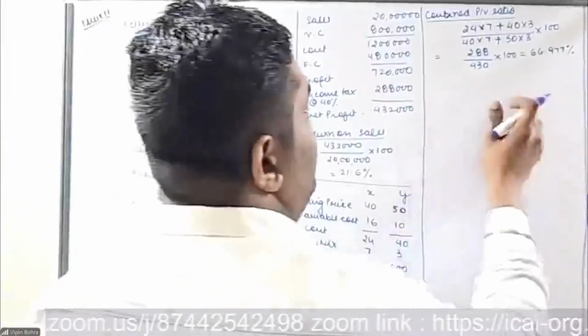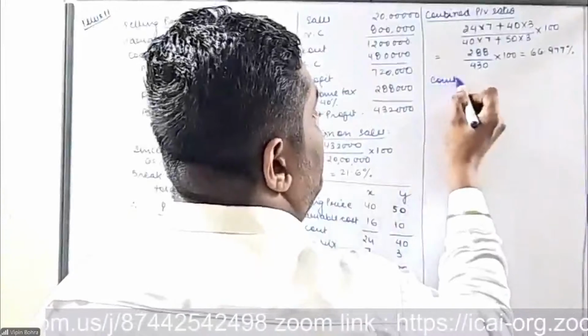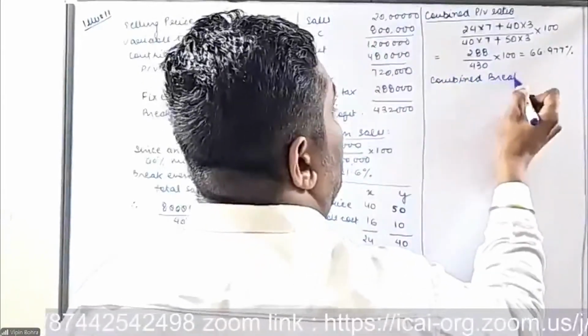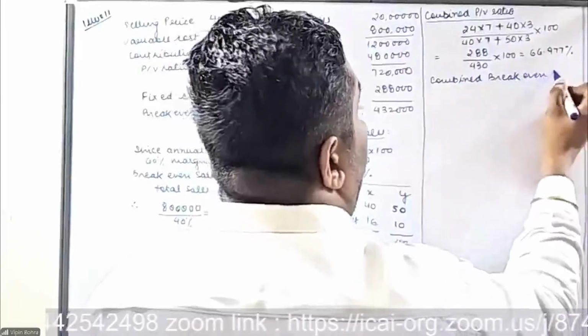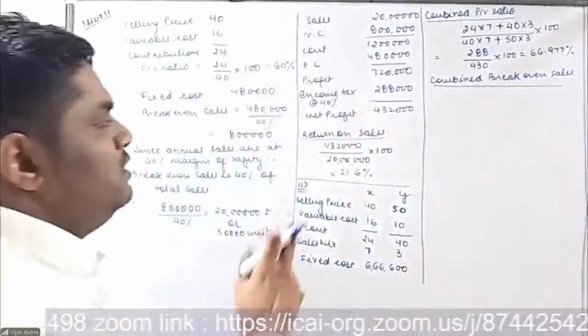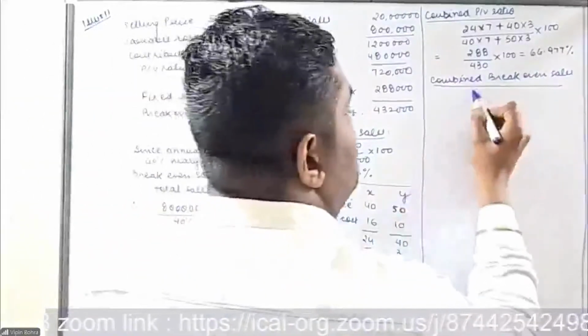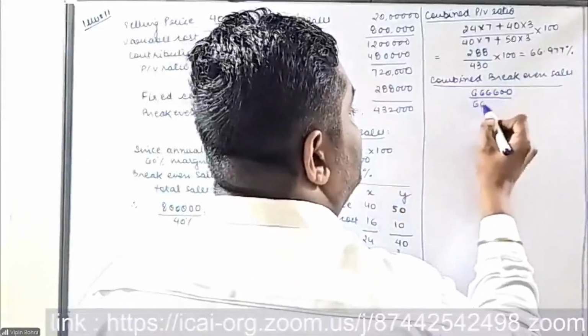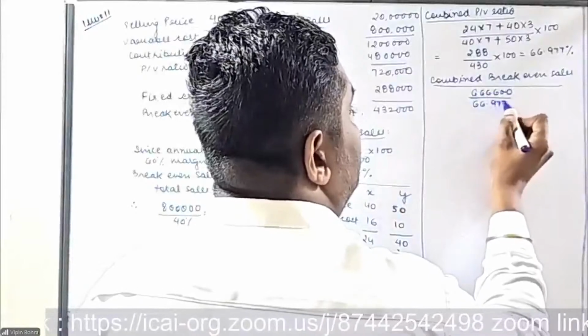So now we have calculated the combined PV ratio. We can calculate the combined break-even sales. So this will be fixed cost. My total fixed cost, that is 6,66,600 divided by 66.977.